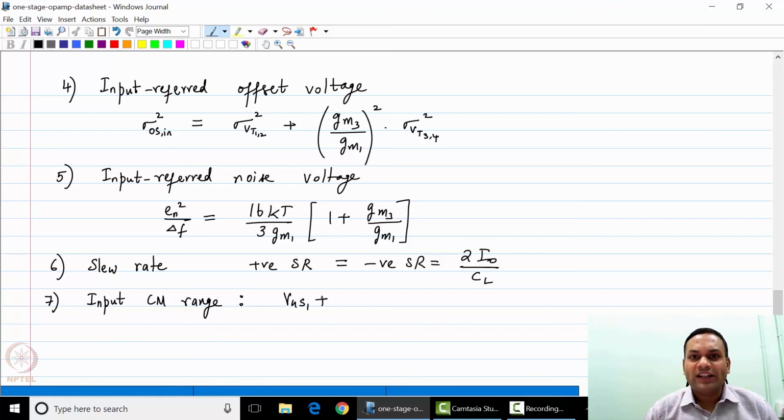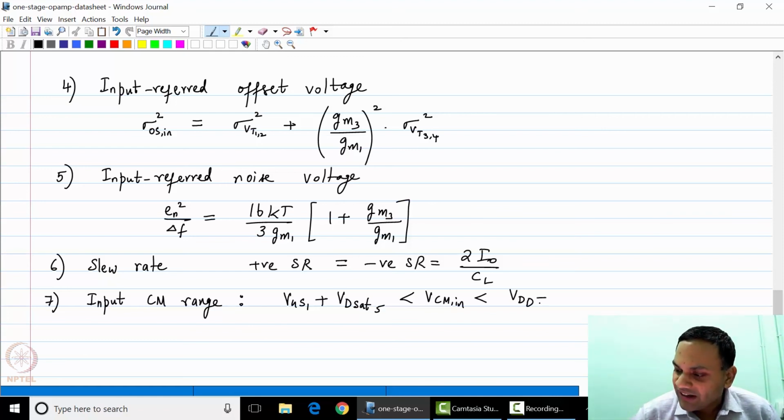If the common mode voltage keeps going down, the current source goes into the triode region, and at the edge of the triode region, if the current source were to have a VDSAT, which is VDSAT5, the minimum input common mode permissible is VGS1 plus VDSAT5. And the maximum permissible voltage happens, as we have seen, when the input transistor goes into triode, and that happens at VDD minus VSG3 plus VT1.